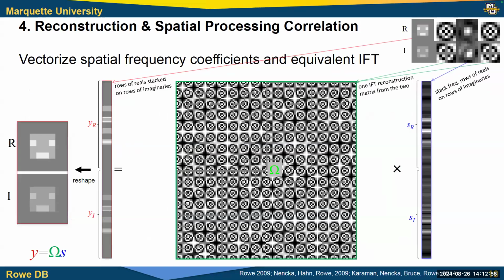Then we can take this K-space and stack the rows, much like we stack the rows for that image, and do the inverse Fourier transform with a single inverse Fourier transform matrix, which will produce a vector image with real and imaginary that we can turn into magnitude and phase.